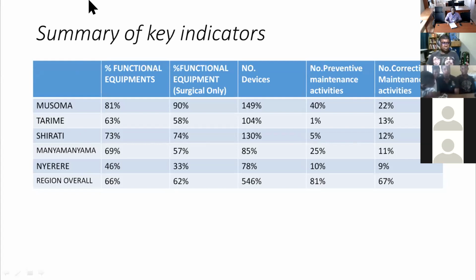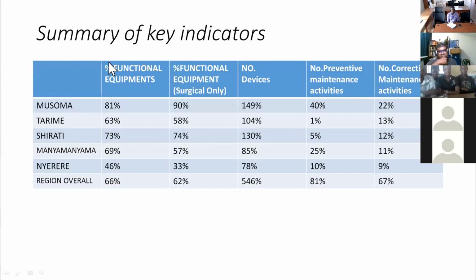Can you see the screen? Thank you so much. Yes, now I can see the screen. So as you can see now, Nyerere, the percentage of working equipment is 46, and in the surgical area it is 33.